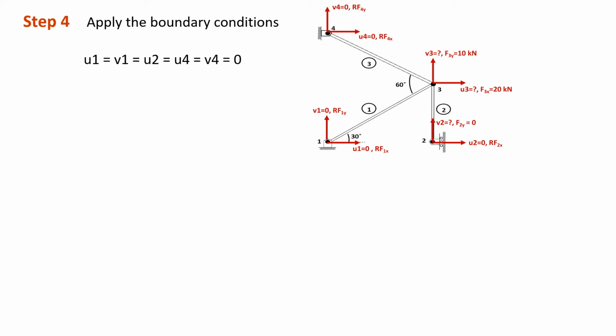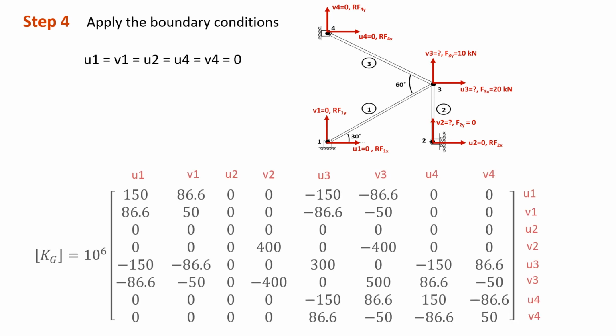Next we just need to apply this boundary condition in our global matrix. For example, U1 is equal to 0, meaning that the row and column for U1 we can eliminate because it's no longer useful for us, since the value is already known. So we can eliminate the row for U1 as well as the column for U1.